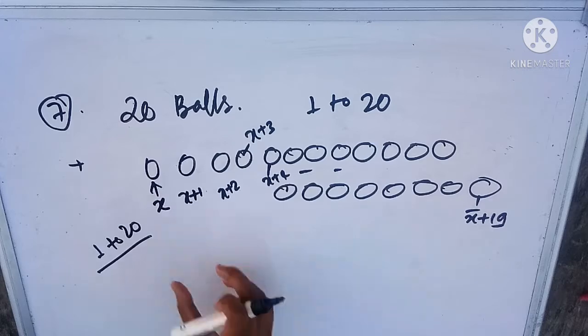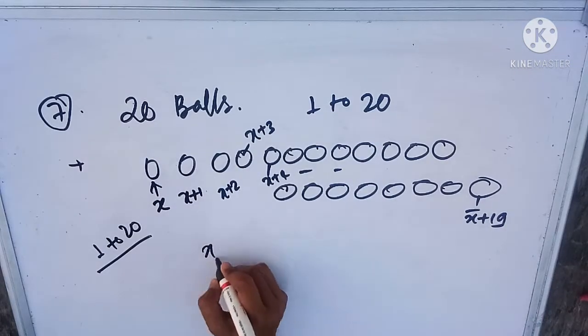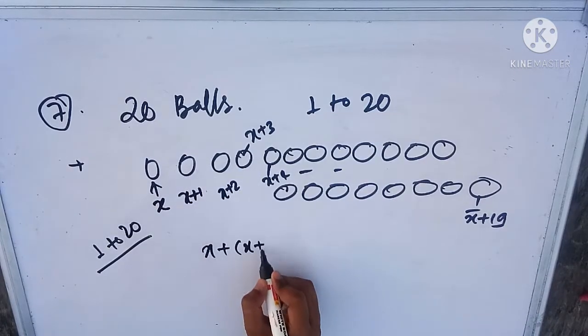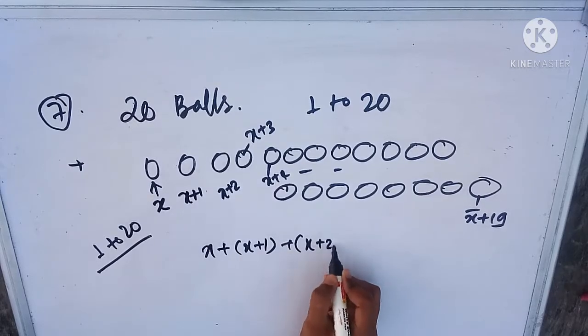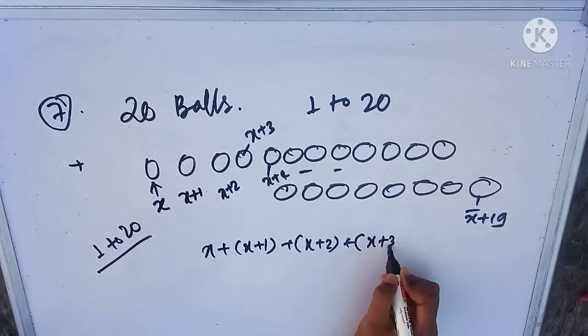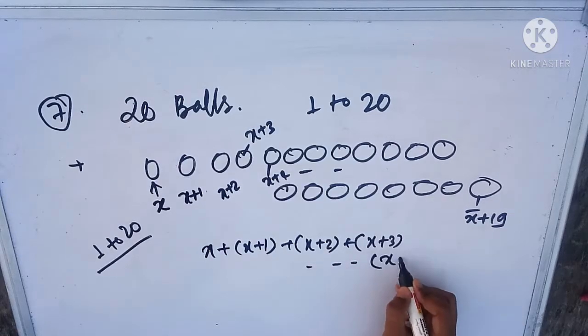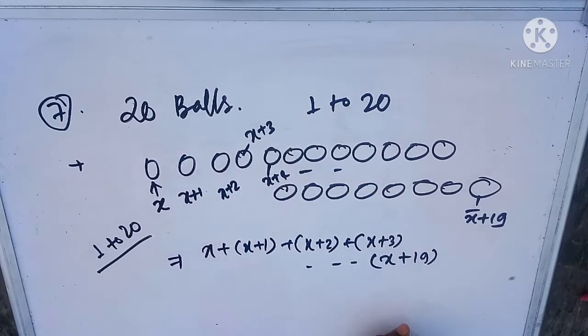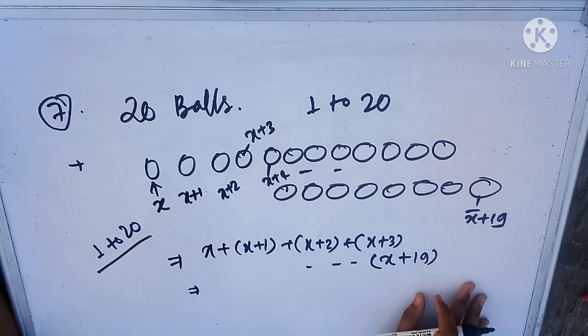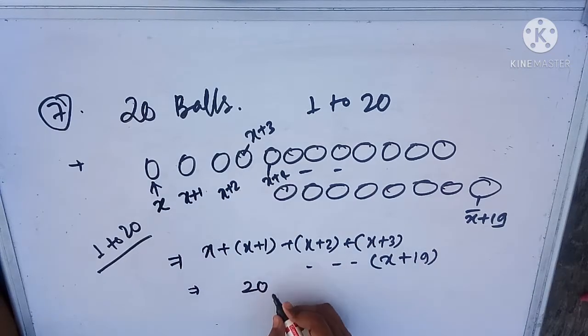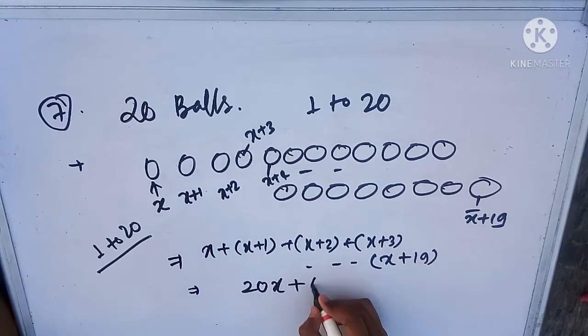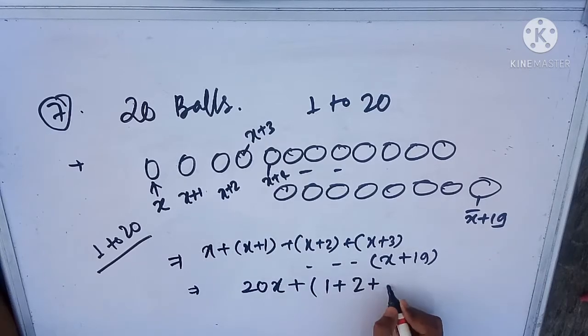Here we have to make the sum of all the numbers: x plus x plus 1 plus x plus 2 plus x plus 3 and so on till x plus 19. We have to find the sum of these numbers and check whether the number is even, odd, prime or whole. So let's calculate. Here we have altogether 20x plus 1 plus 2 and so on till 19.